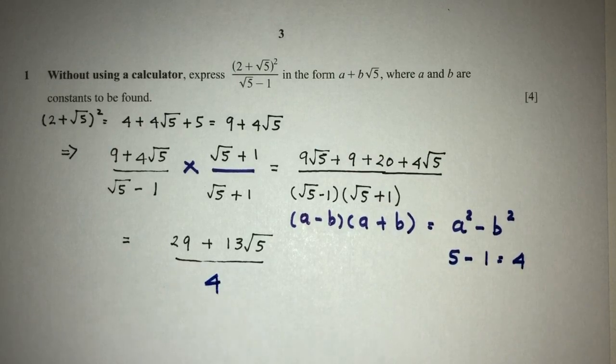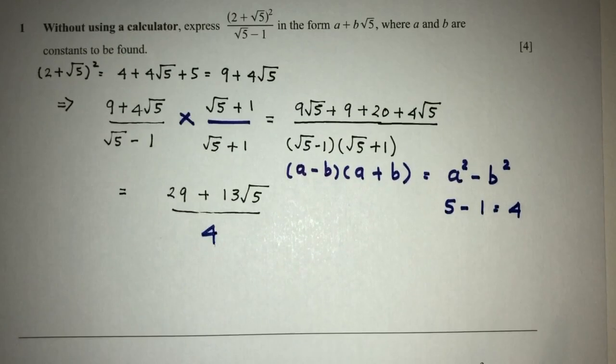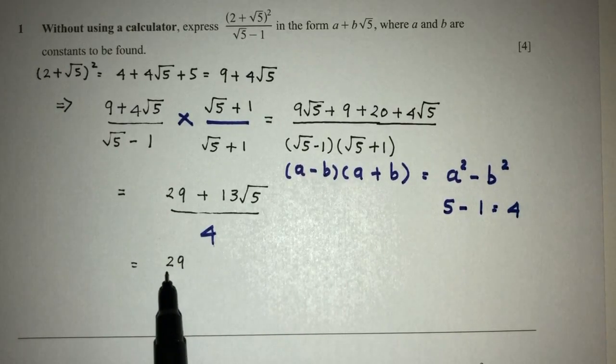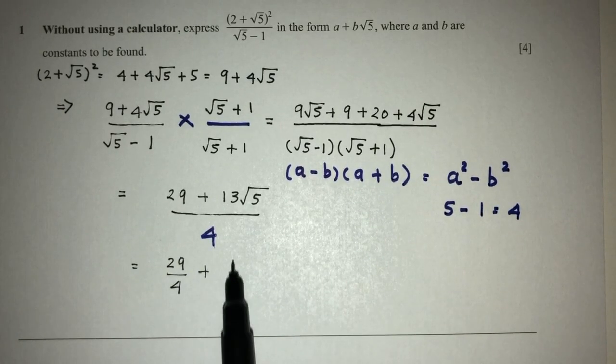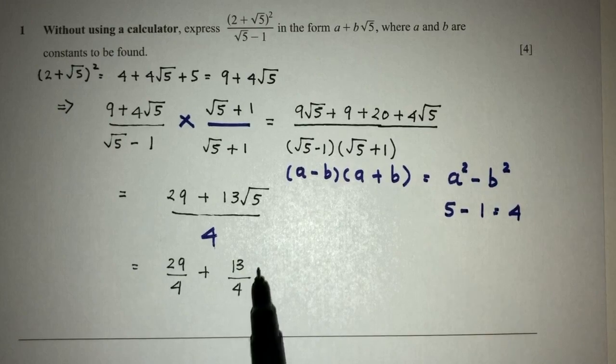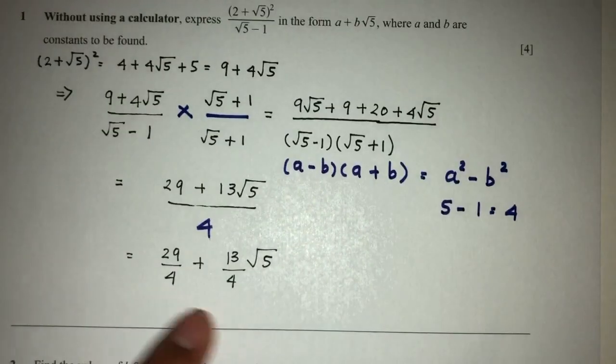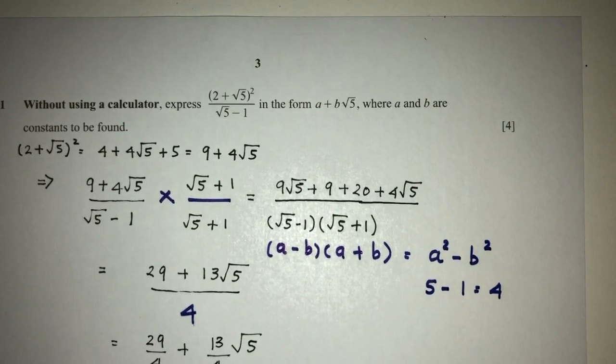So your base will be 4 right here. And then we can just simplify. You will have 29 over 4 plus 13 over 4 root 5. This is expressed in this form where a and b are constants to be found. Okay, so that will be your question number 1.